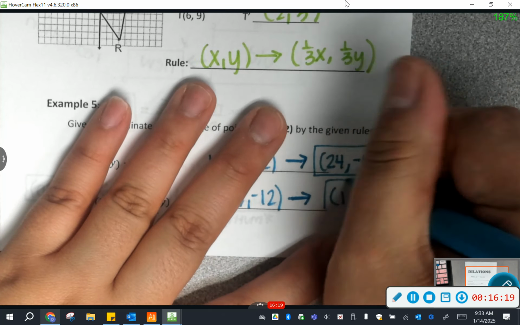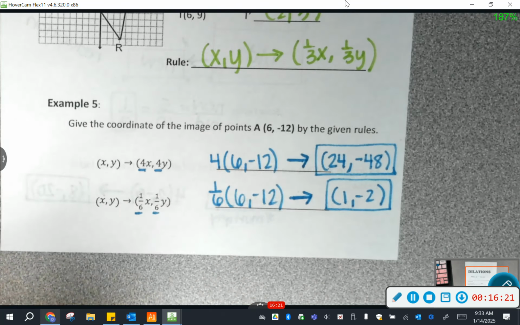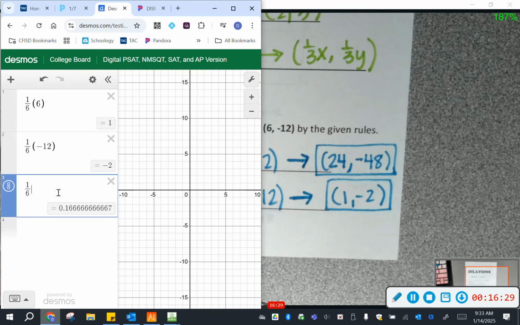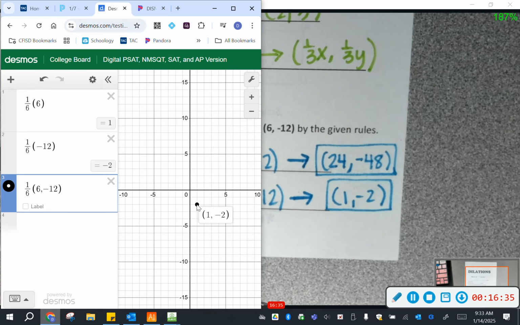Again, you are just multiplying in Desmos. I think you have to do them separate, right? I don't think you can do it each. Can you? Oh, I guess you can. Cool. You could do it as one if you wanted. Nice.